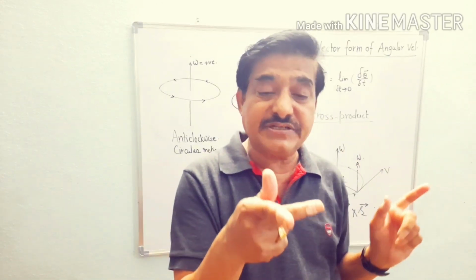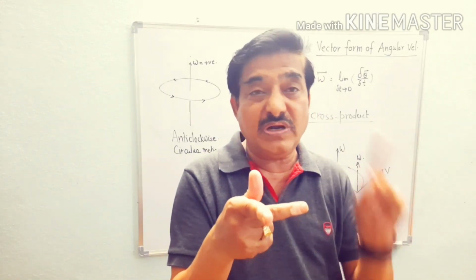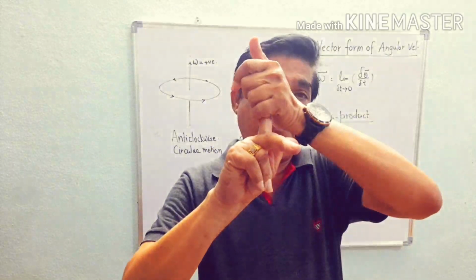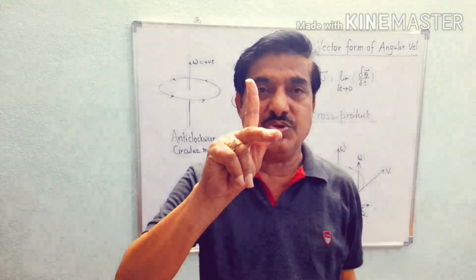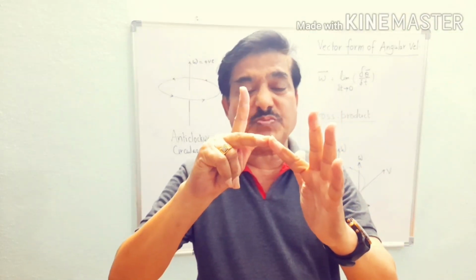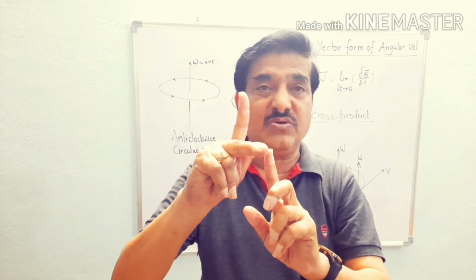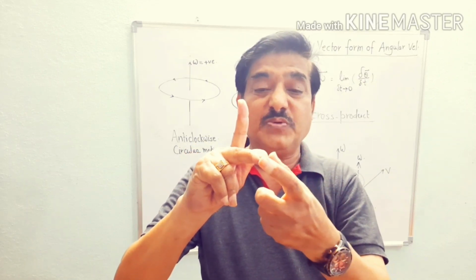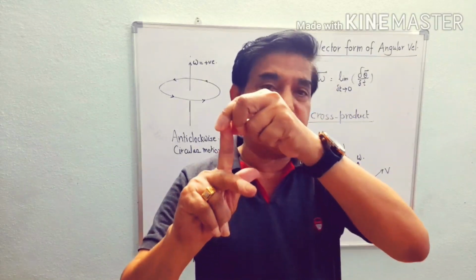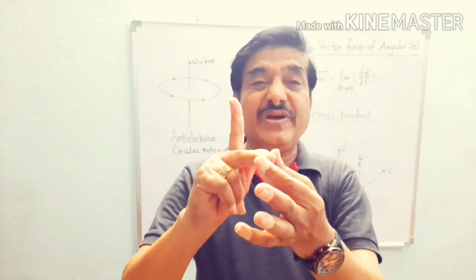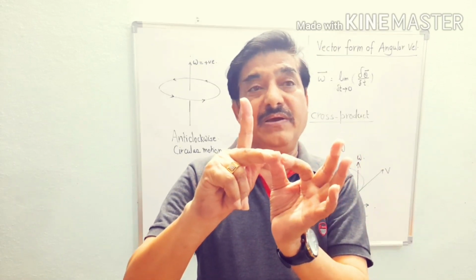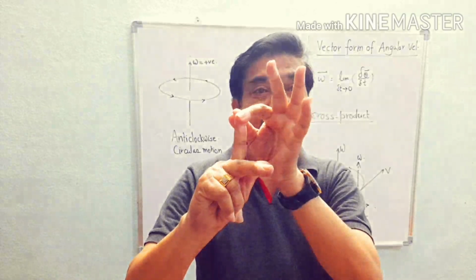We are interested in finding the equation for linear velocity, so put this vector in the upward direction. This is the velocity. This is the first vector in the cross product, this is the second vector, and the cross product of these two vectors gives the resultant vector, that is the velocity. So this vector is minus r, and minus r multiplied by omega is equal to v.